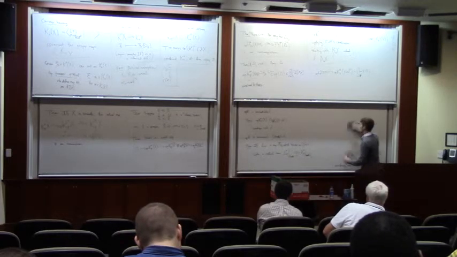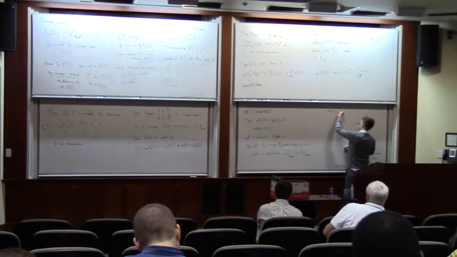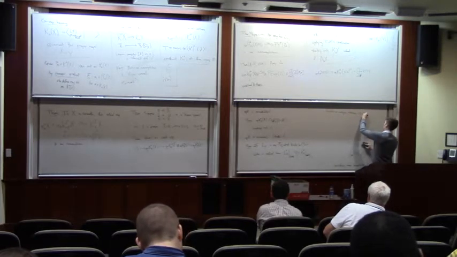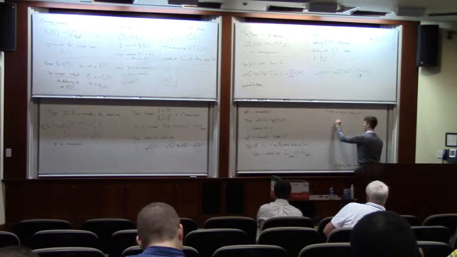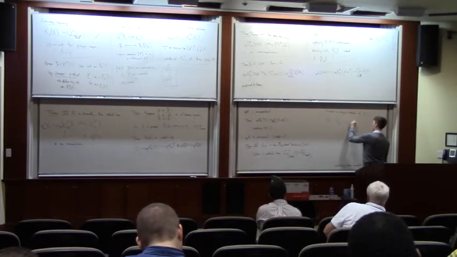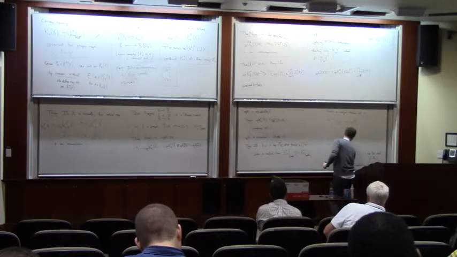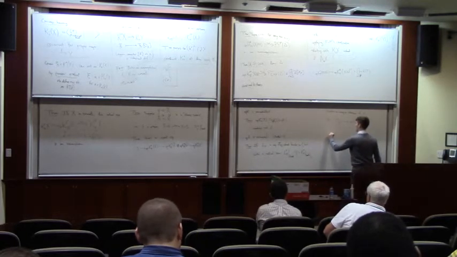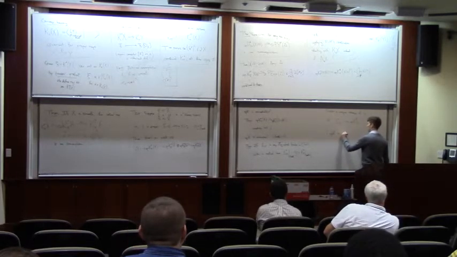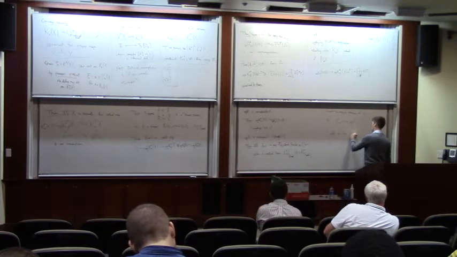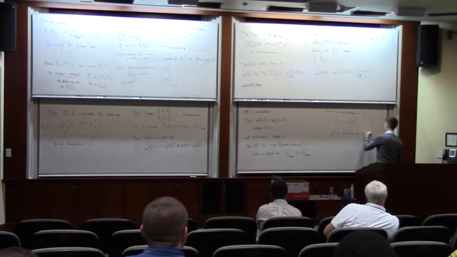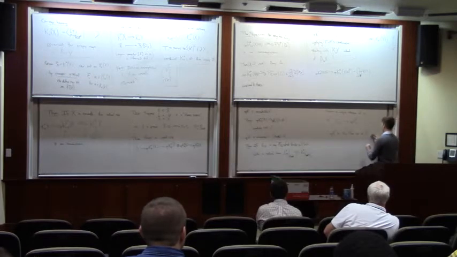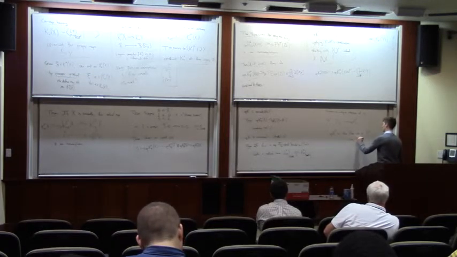Then there's a unique extension of eta to a natural transformation taking L to op K. So this is saying that op K is the Kan extension of K along the embedding of smooth schemes in all schemes.